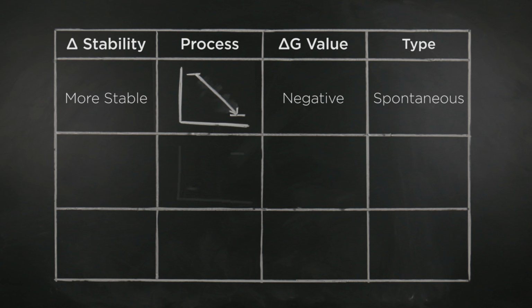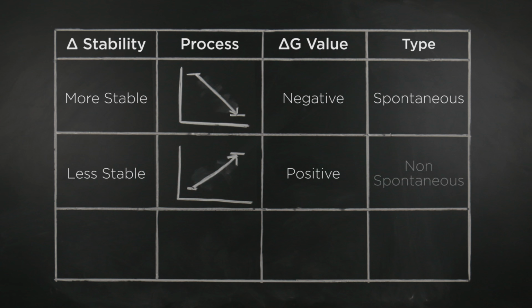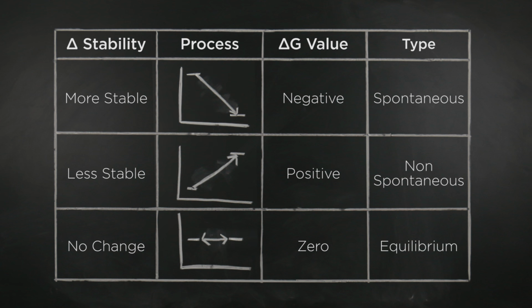Similarly, if we move from stability to instability, a process that requires energy, then our change in G will be positive, indicating a non-spontaneous reaction. Finally, if there is no net change in energy between the initial and final state, meaning that delta G is 0, then the entire system is at equilibrium with no net movement between the initial and the final state.